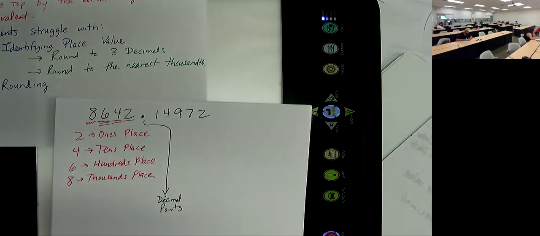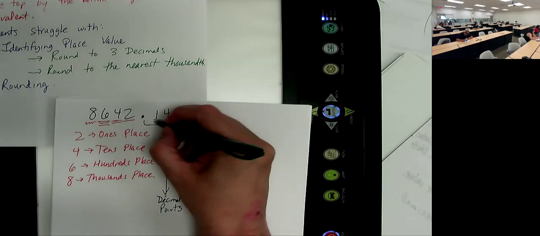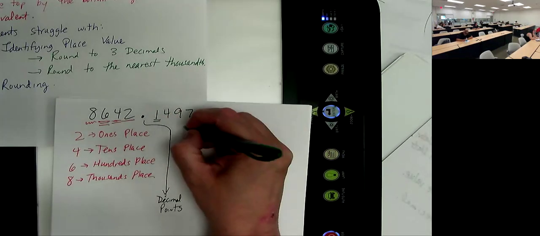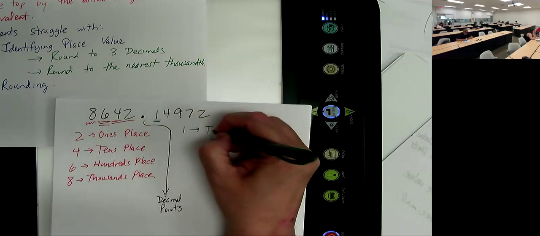And it would be great if they followed the same pattern going to the right. And they sort of do, but they skip the ones. So going to the right, this is not the oneths place. The 1 is in the tenths place.